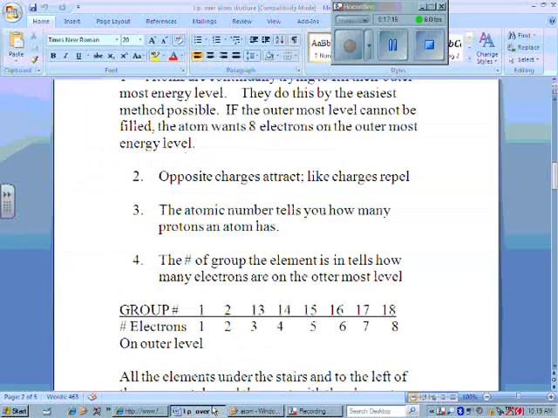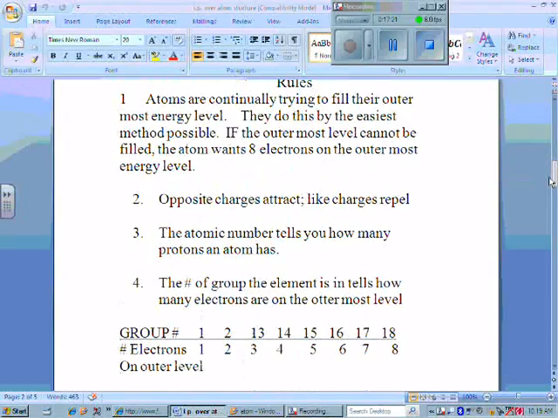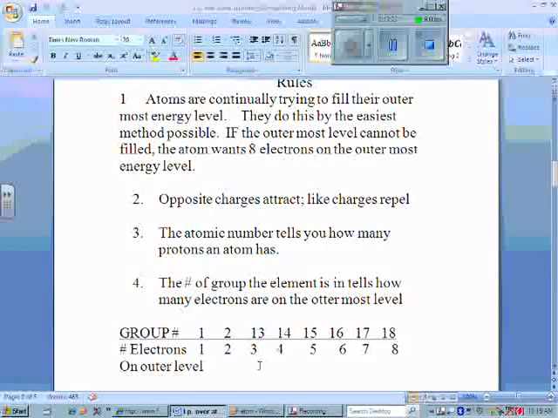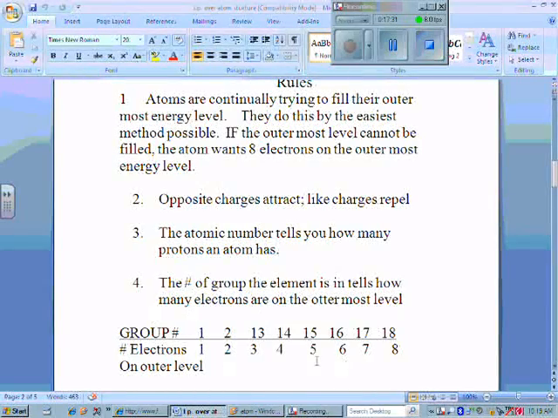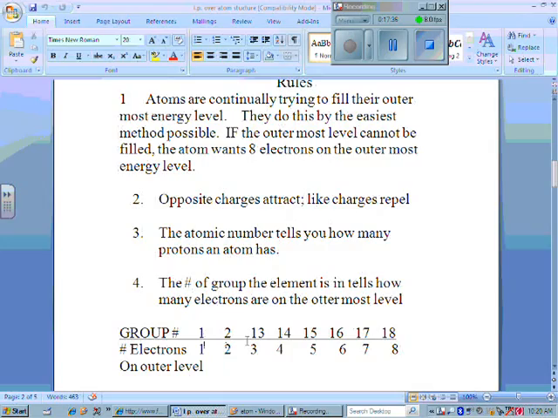Remember electron levels. Okay. And we go back to the rules over here. Okay. This is not the number of electron levels. This is the number of valence electrons. Okay. Remember, it's in group 1, group 2, group 3, so forth, so on.